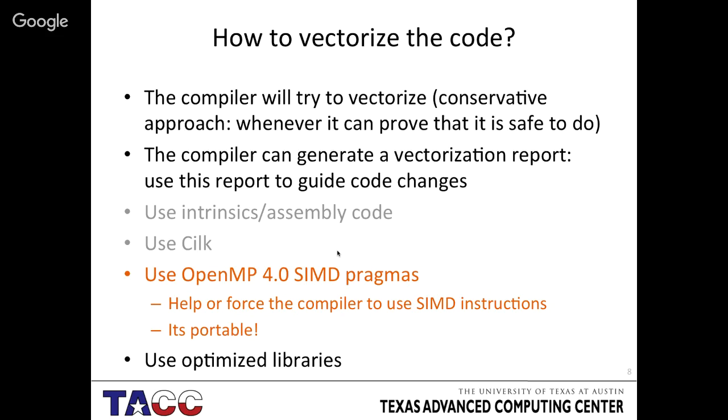And the whole idea here is, if you know that a loop can be vectorized, that the iterations are independent, you can specify that you know better and you want to override its rules for vectorization. And that's basically what the SIMD pragma originally came out for. It was just SIMD.